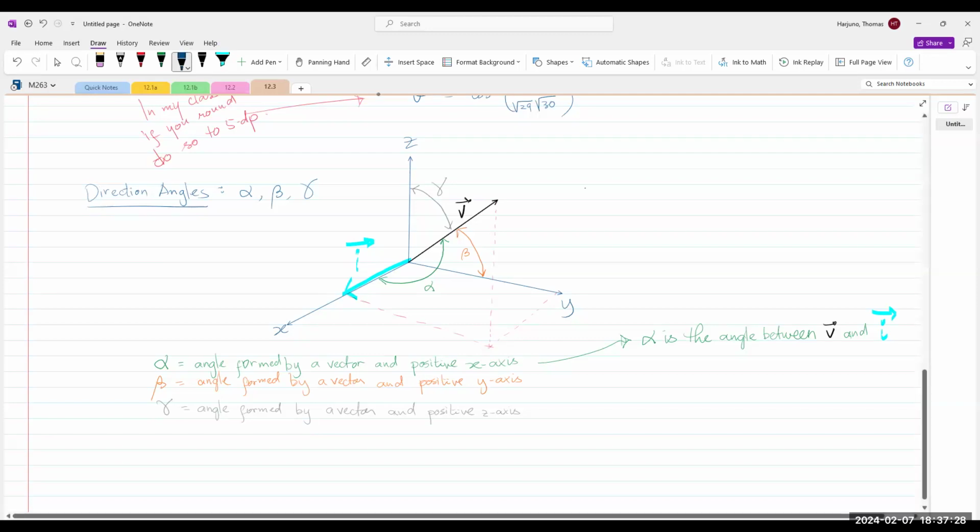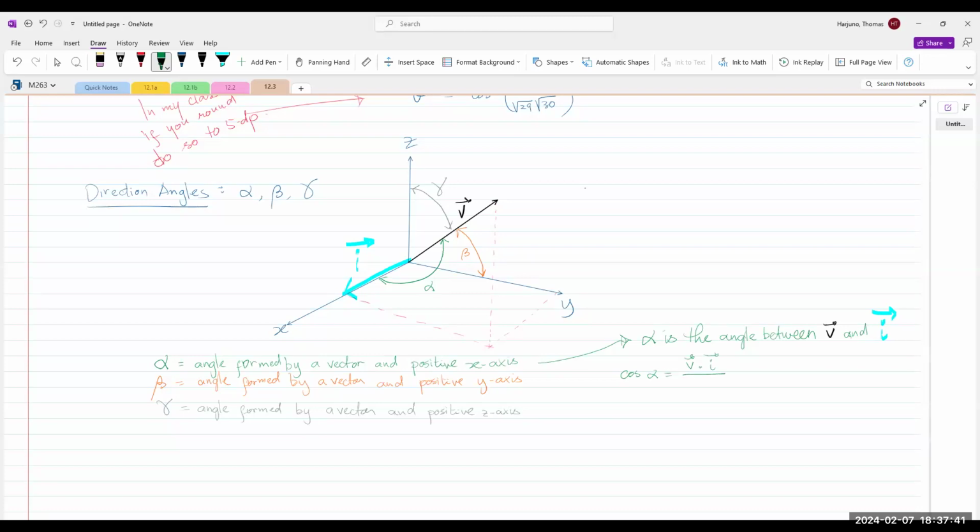From what we learned earlier, cosine alpha is equal to v dot i over magnitude of v times magnitude of i. Now, the nice thing about choosing factor i is that it's already unit length, right?